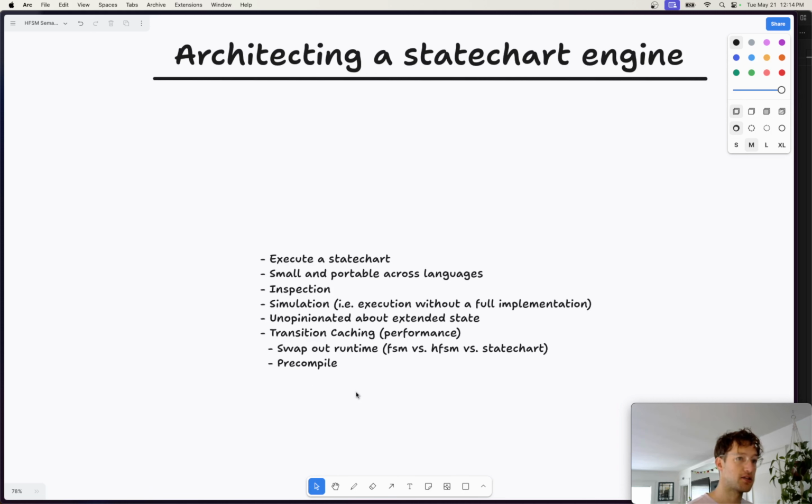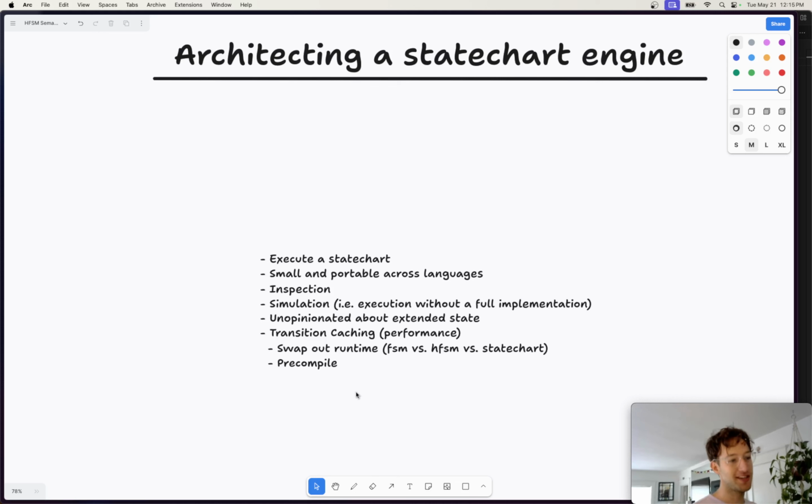Things that we want to make sure that the state chart engine can support without having to fork it, without having to do hacky things, or maybe there are use cases that we couldn't have imagined that we're trying to enable, right? So we're trying to make the state chart engine as extensible, language agnostic and portable as possible.